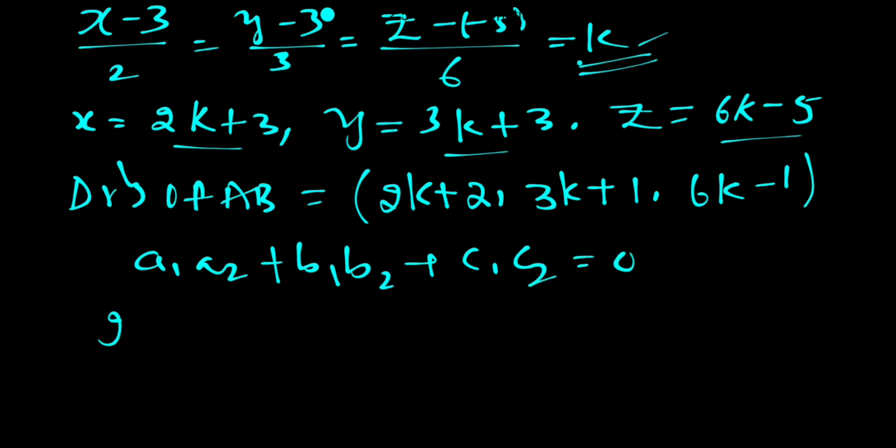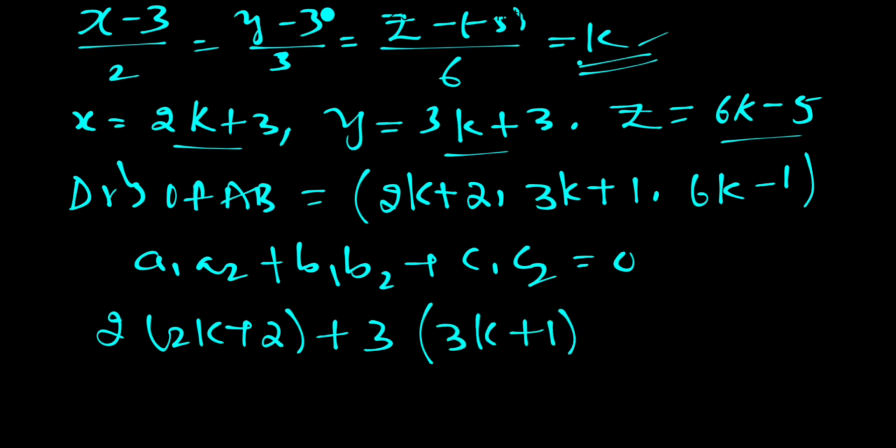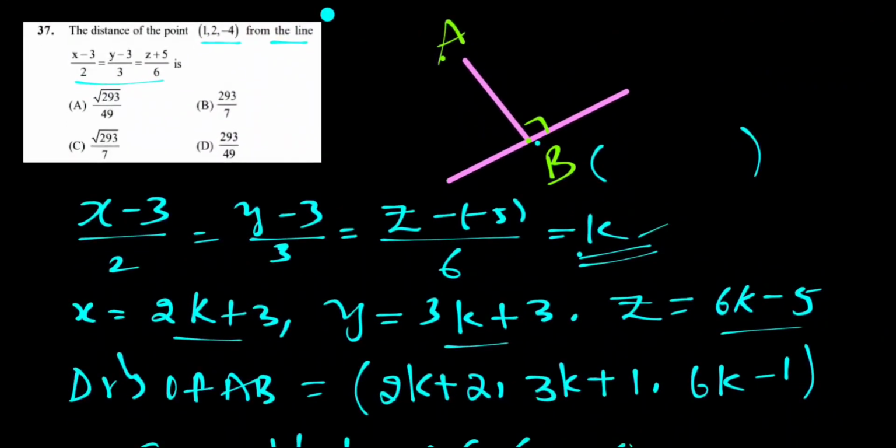So A1 here, 2 into 2k plus 2, plus 3 into 3k plus 1, plus 6 into 6k minus 1 is equal to 0. A1, B1, C1 are the direction ratios of the line, 2, 3 and 6 here.